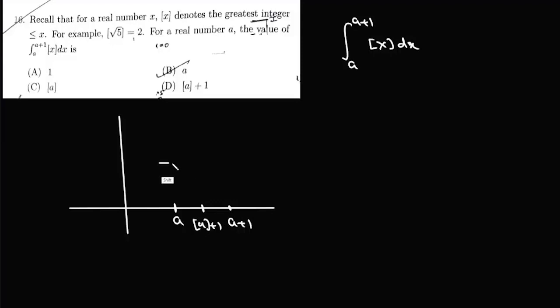Now in this interval, it will take some value. Now here this value will be greatest integer function of a, and here this value will be greatest integer function of a plus 1. Now we need to find this integral, which actually is this area.